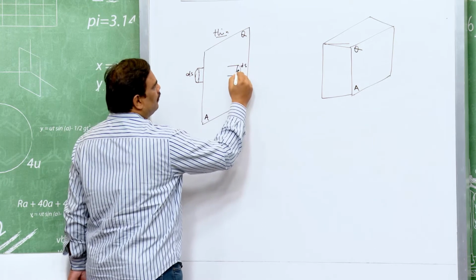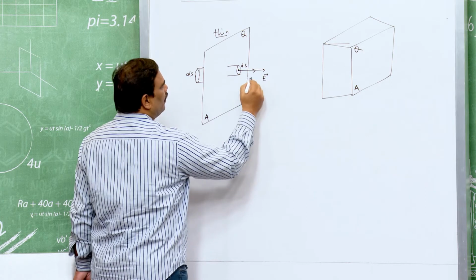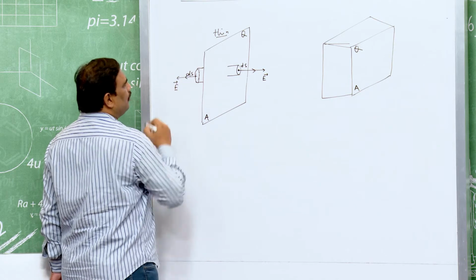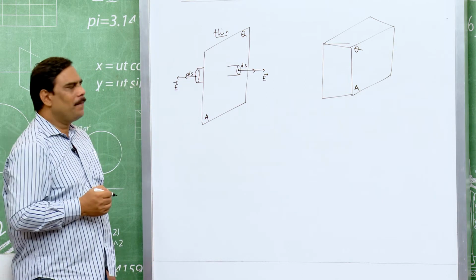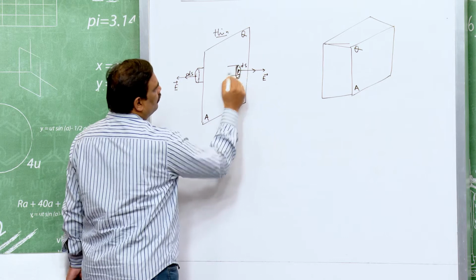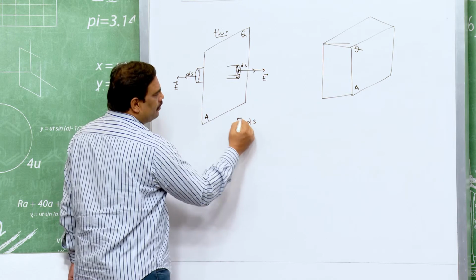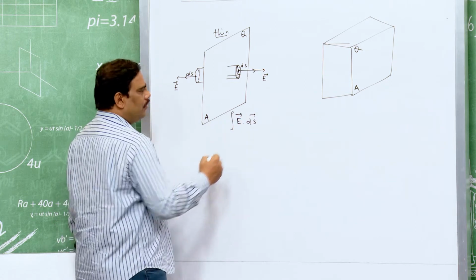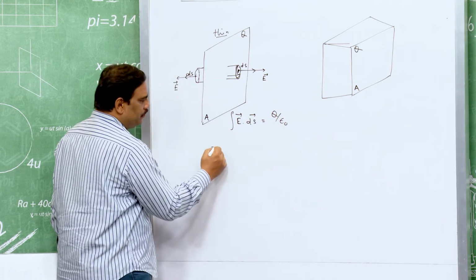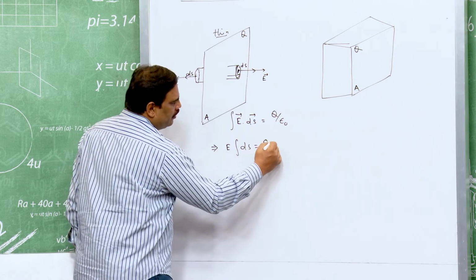As the charge is, suppose, positive, then my electric field and ds are in the same direction on either side of the charged sheet. Therefore, the integration of E dot ds gives q by epsilon 0, that is, E integration ds equals q divided by epsilon 0.